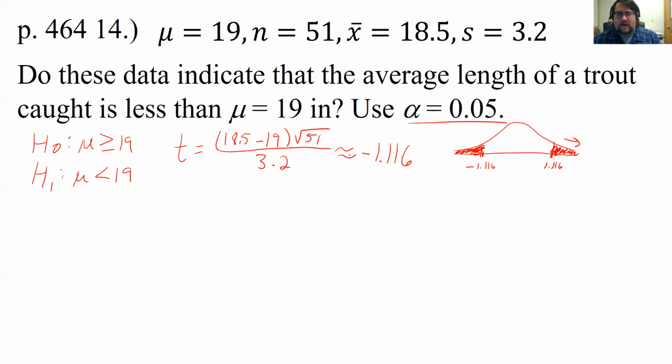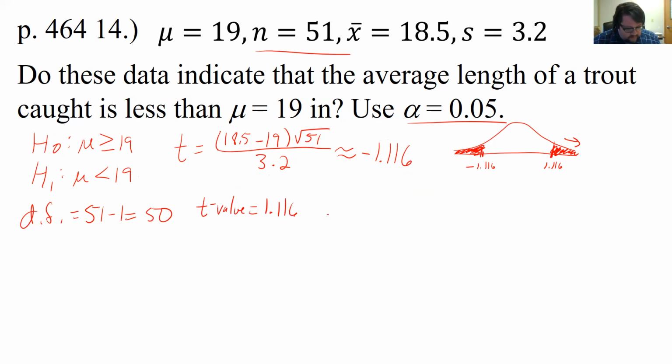Why am I using the positive value versus the negative value? Well, because of the symmetry, I can do that, and that's how the table is set up. So degrees of freedom are 51 minus 1, so 50 degrees of freedom. So I go to my table, 50 degrees of freedom, looking for this positive 1.116.